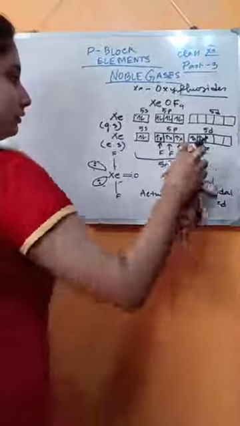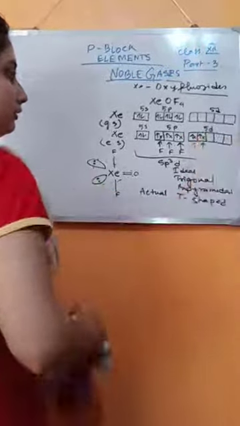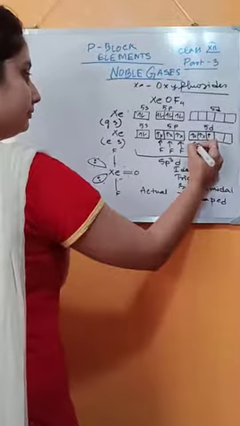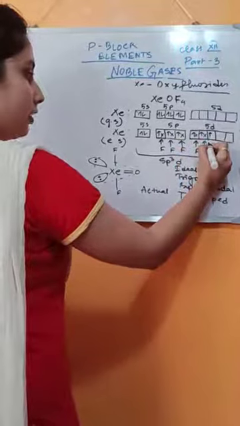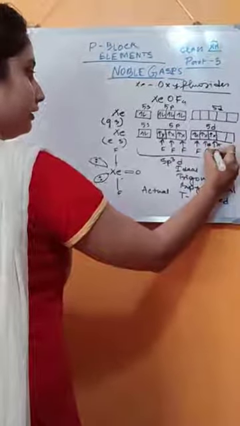So one more electron will be shifted here. 4 fluorine atoms, oxygen sigma bond and oxygen pi bond.